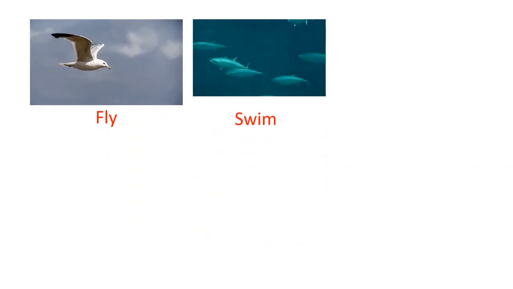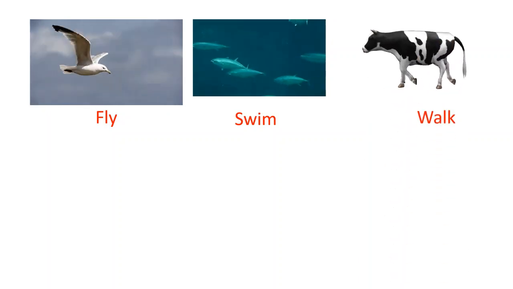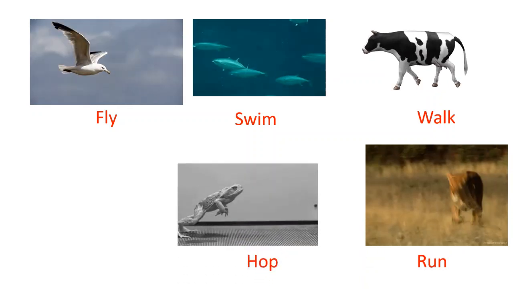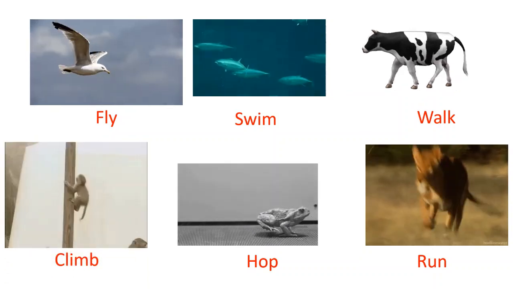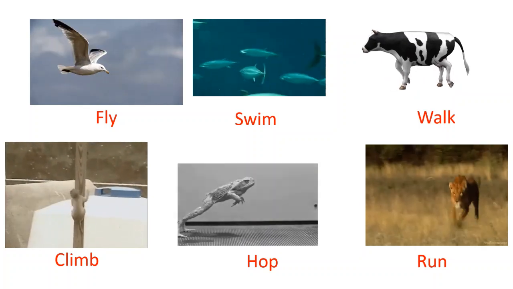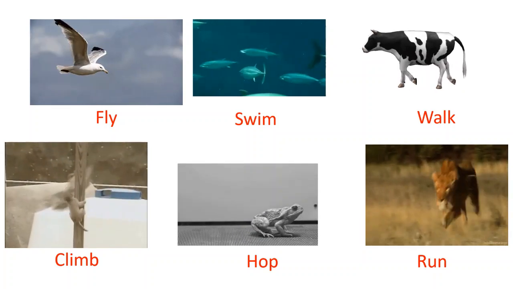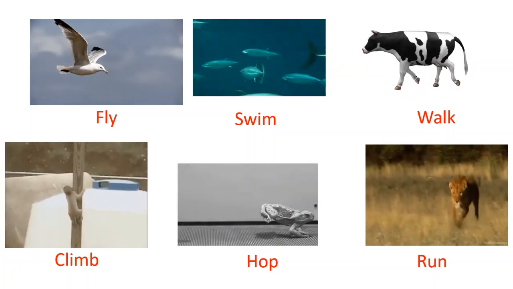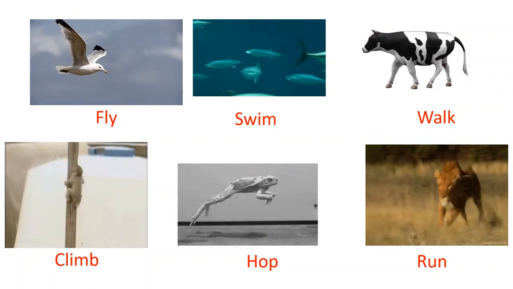Like some animals fly, some animals swim, some animals walk, run, hop, climb, etc. So they use their different body parts like legs, wings, etc. to move from one place to another in many different ways.